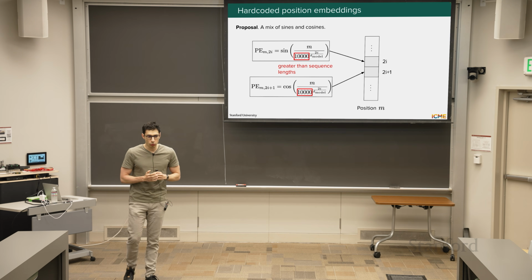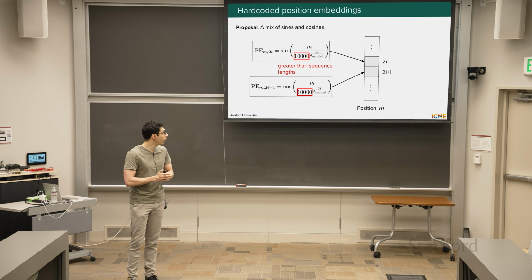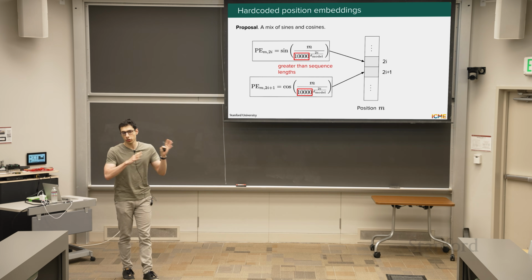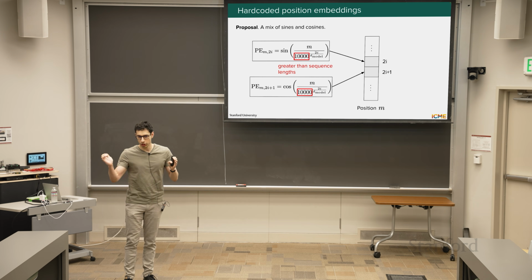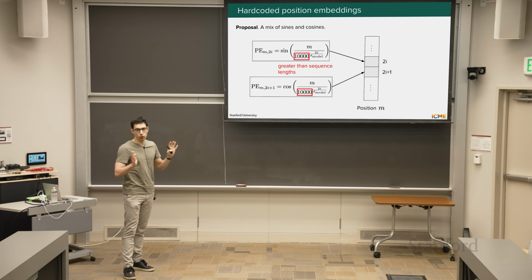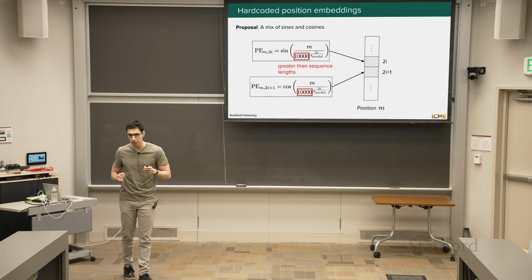So in other words, when you have a sequence length of, let's say, 500, we want this 1 over 10,000 to be so small that the variation of that sine and cosine is of low frequency with respect to the sequence length. Does that make sense?